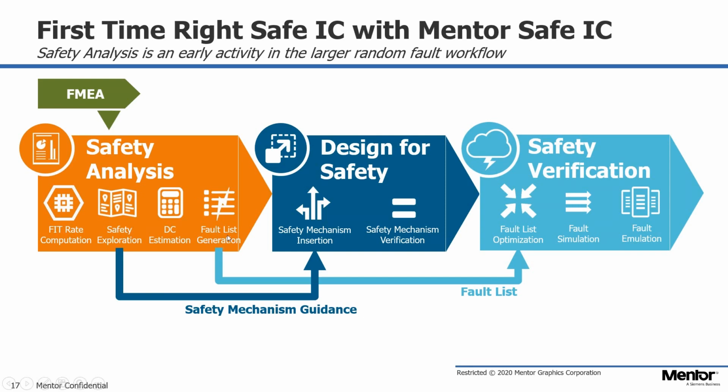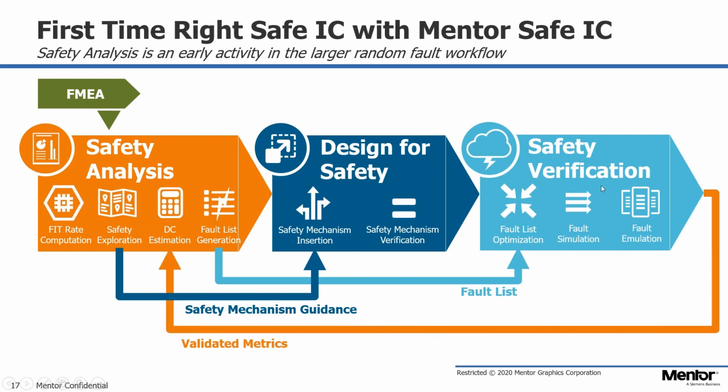According to the results of the safety exploration, the fault list becomes generated, and the fault list acts as input for the safety verification, means for the fault simulator. So that at the end of the day, you run a safety verification based on your safe design, means the design which includes the safety mechanisms, and then finally you get your validated metrics for final diagnostic coverage calculation.